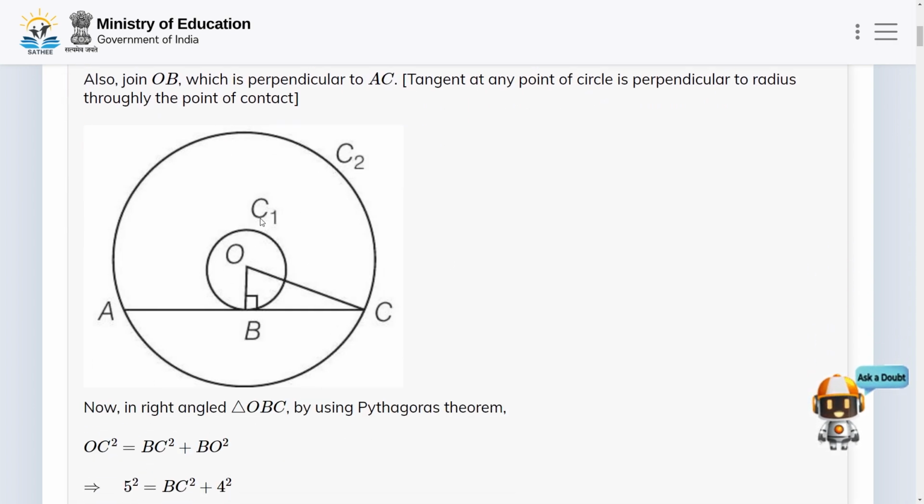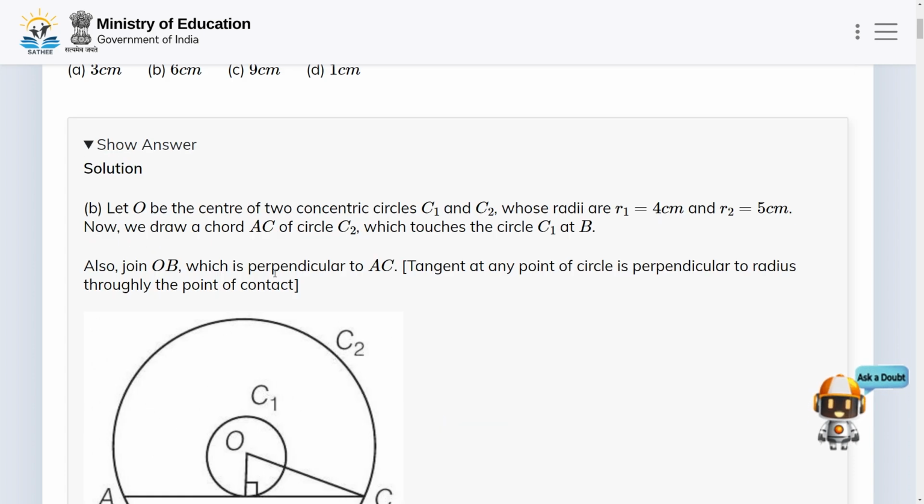Here C1 and C2 are concentric circles, and they have center O. Let O be the center of the two concentric circles C1 and C2, and choose radii R1 equal to 4 centimeter and R2 equal to 5 centimeter.